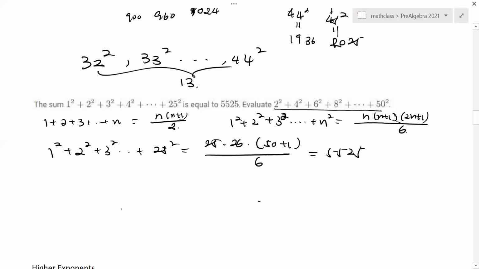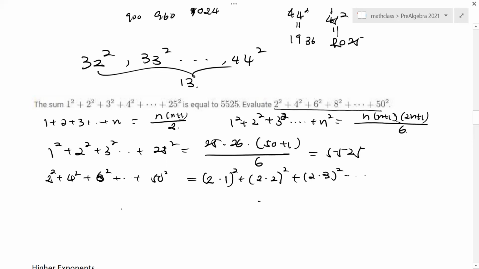So the idea is how to use the original one, the given fact, to compute the new one. 2 squared plus 4 squared, 6 squared, up to 50 squared: you see that those numbers are double the previous numbers. So that is 2 times 1 squared, 2 times 2 squared, 2 times 3 squared, up to 2 times 25 squared.